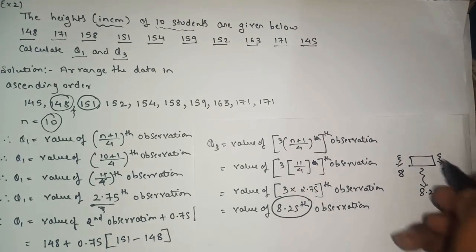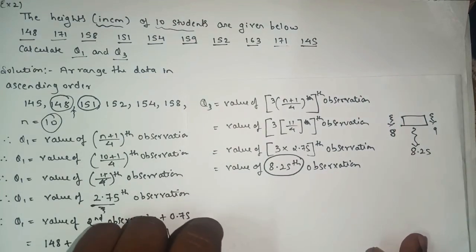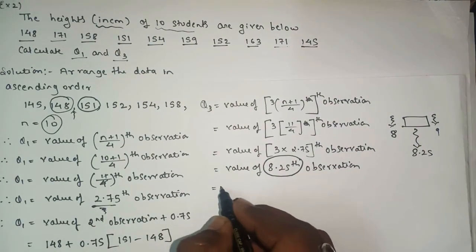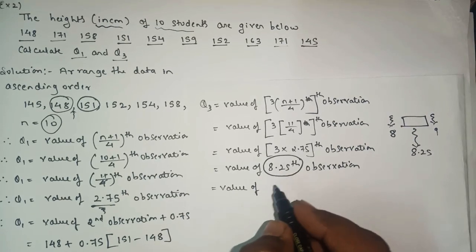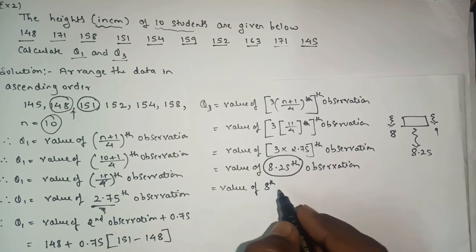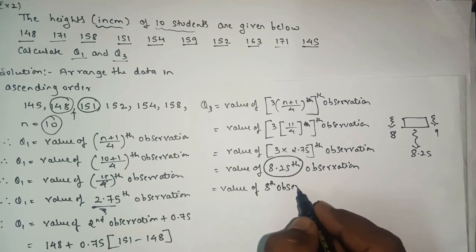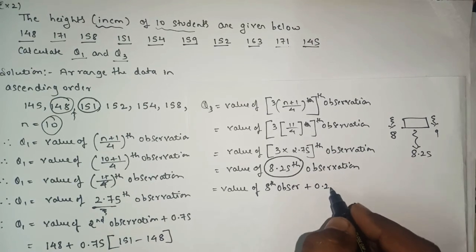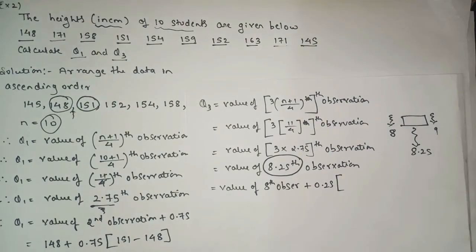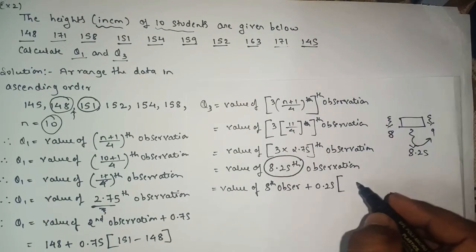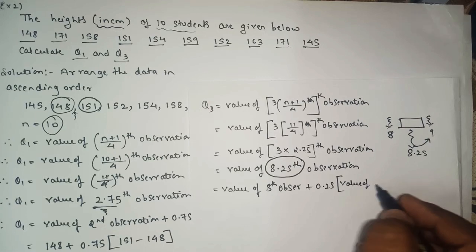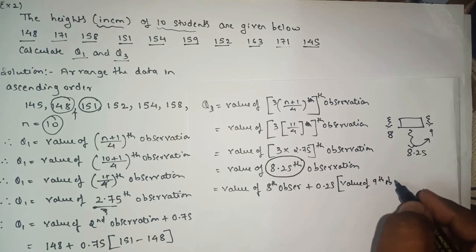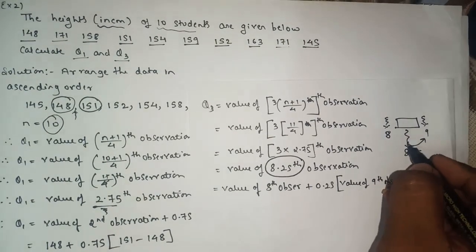So now that exact answer we have to find. So how to find the exact answer? First we have to frame the formula. The value of this 8.25 we can write as the 8th observation plus 0.25 times the value of the 9th observation minus the previous one.